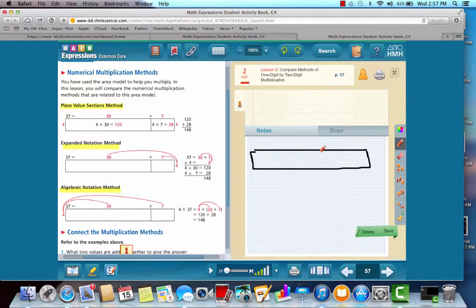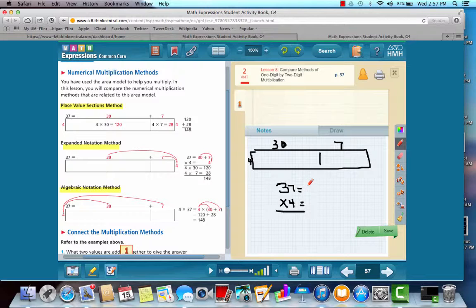whereas the expanded notation method takes the same principle, but instead of writing inside the box, you have the number on the outside. So we have 30 and 7. See, the setup looks identical. That's a 0, by the way. And they multiply these, so 37 times 4 will end up looking a bit like expanded notation.